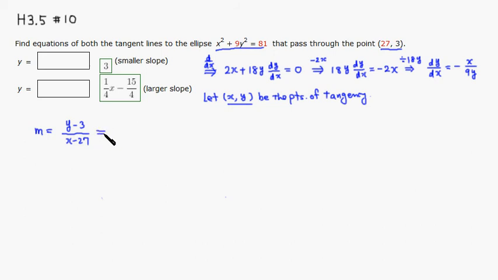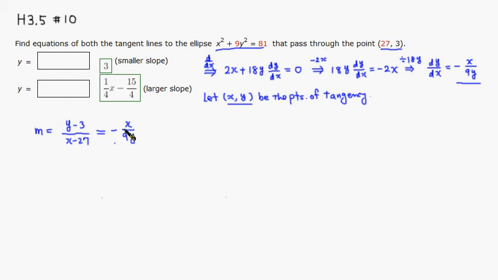So I'm going to equate y minus 3 over x minus 27 to the derivative we got right here, negative x over 9y.